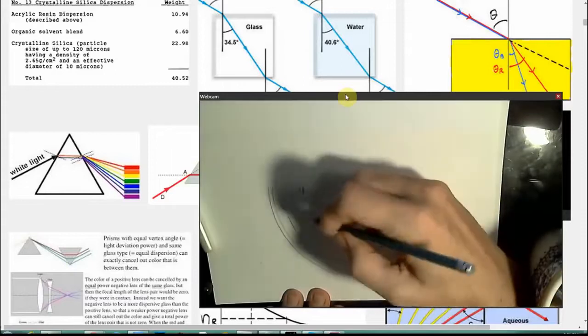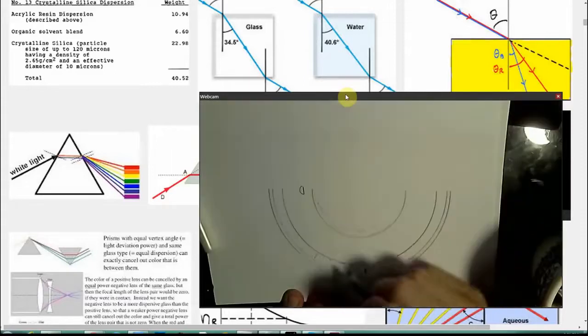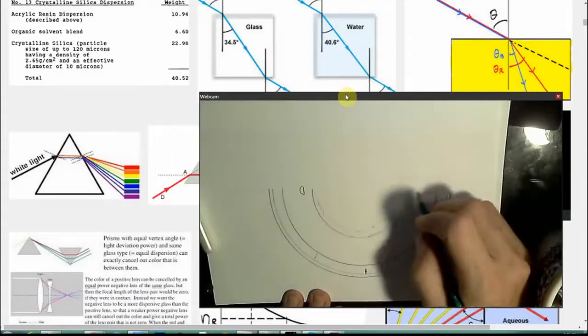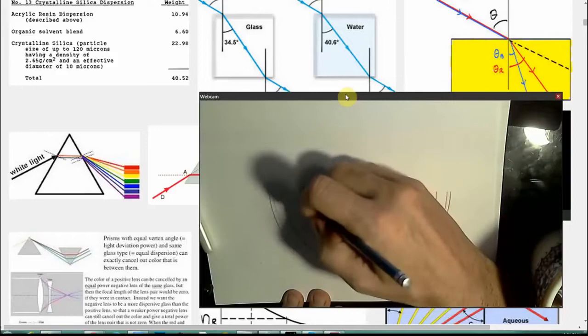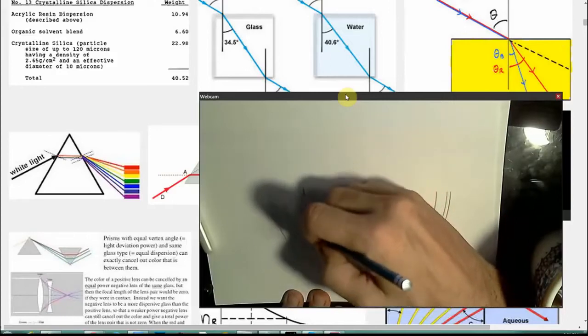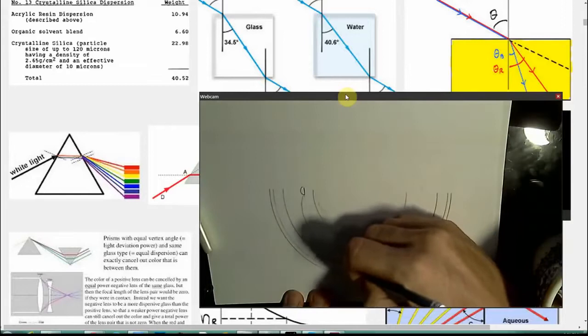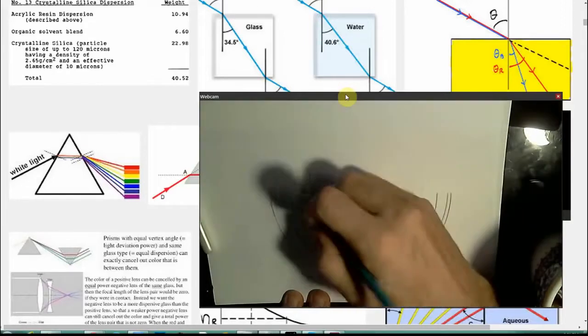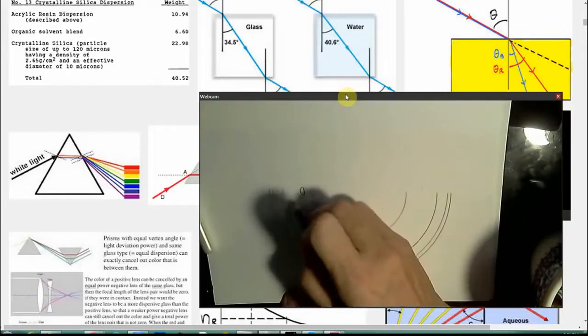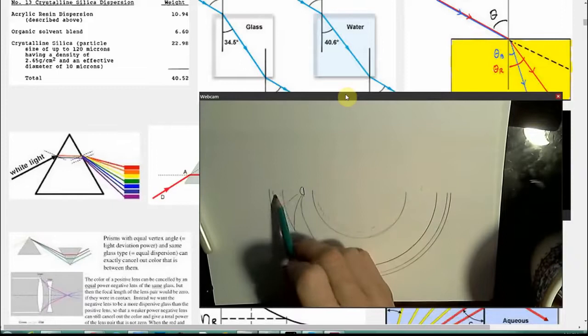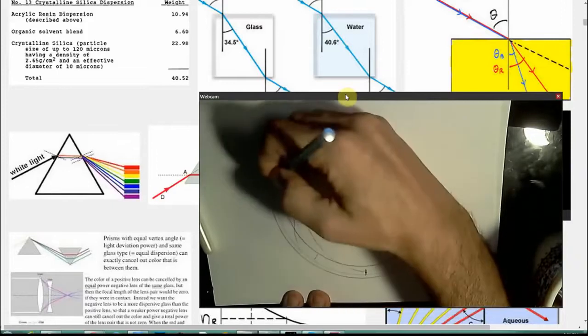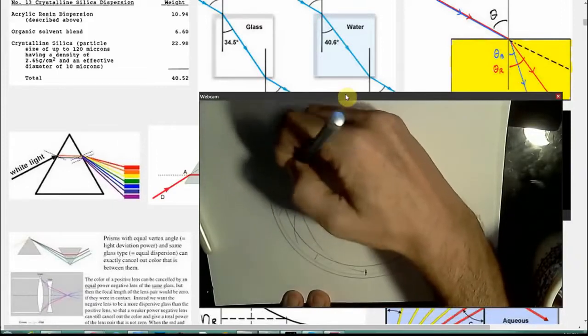If this is the east and this is the west, sunlight is bending around like that and hitting your eye. It's bending less severely when you're closer to the sun.